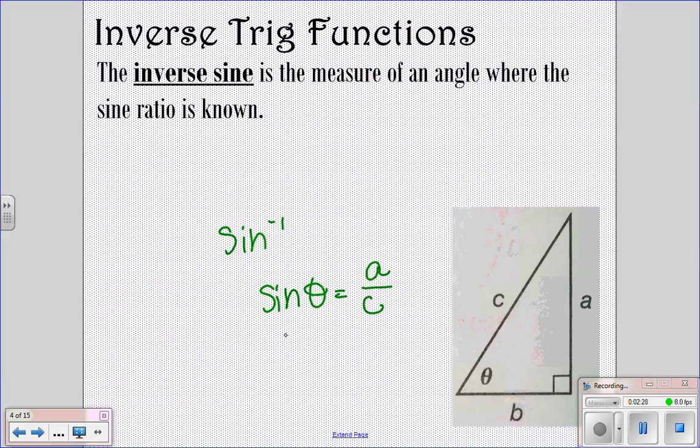You're going to say theta equals sine inverse of whatever A over C is. And so you take this and you move it over here. You're not dividing by sine. Those are 2 different things. Okay, you're making it sine inverse. So that's whenever you know the sine ratio.